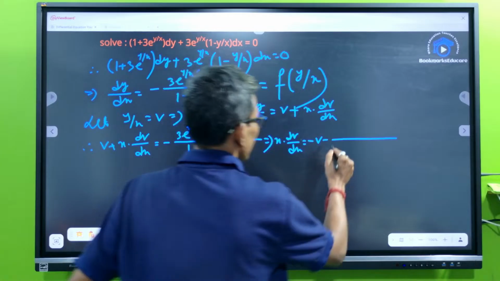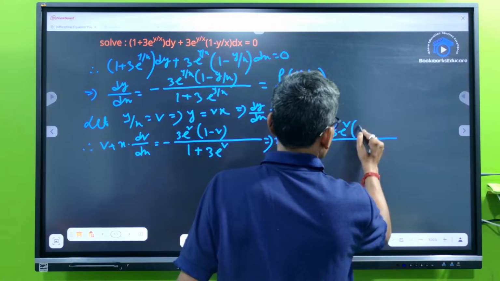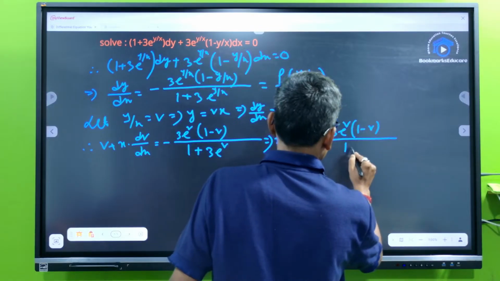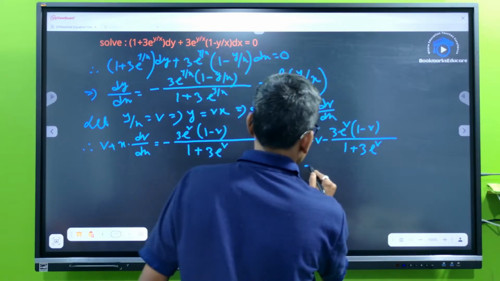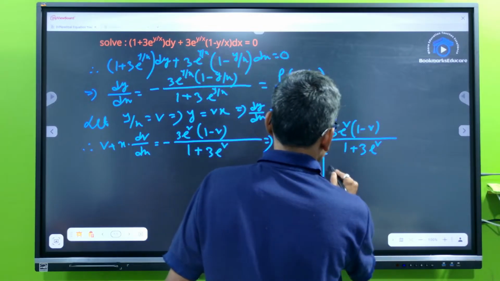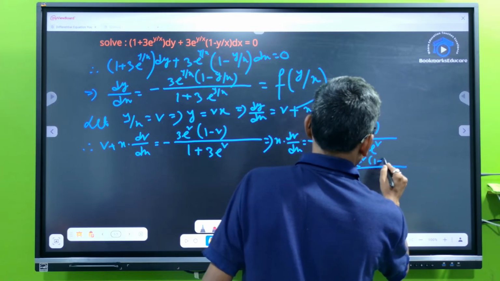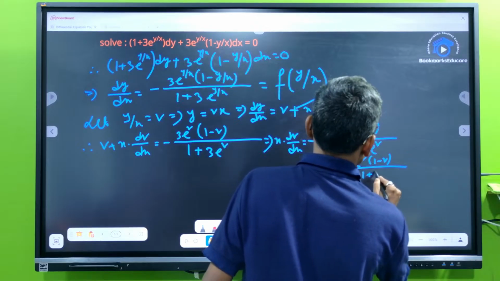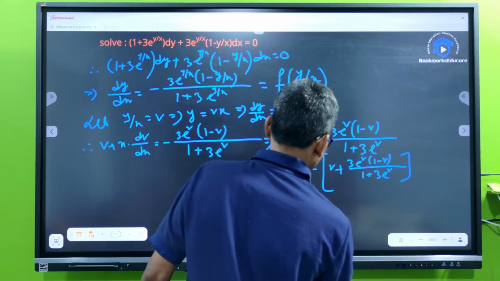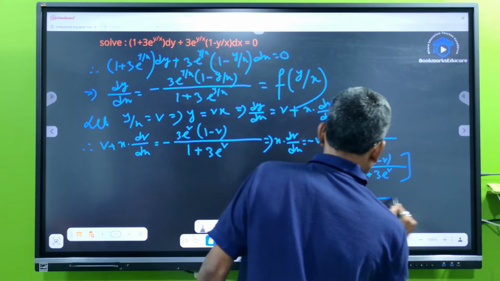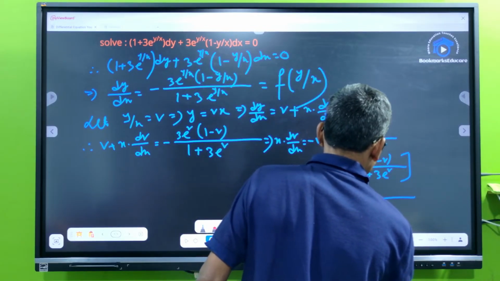So minus is taken as common, v plus ... so LCM is 1 plus e to the power v.